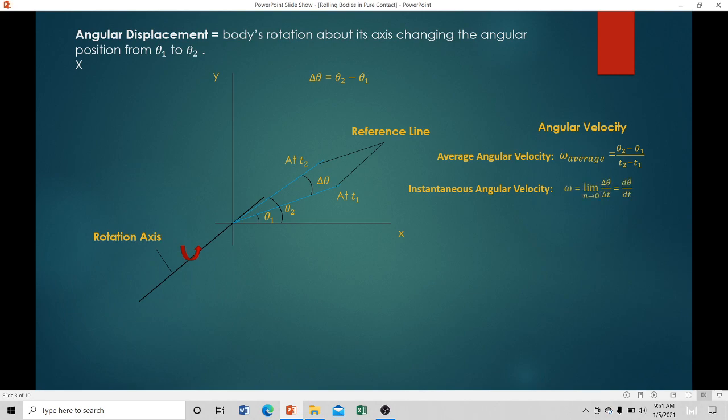From the word instant, we take the angular velocity at a specific time. So we approximate the change in time to 0, and this equation can be rewritten into the form d theta over dt, with respect to differential time.